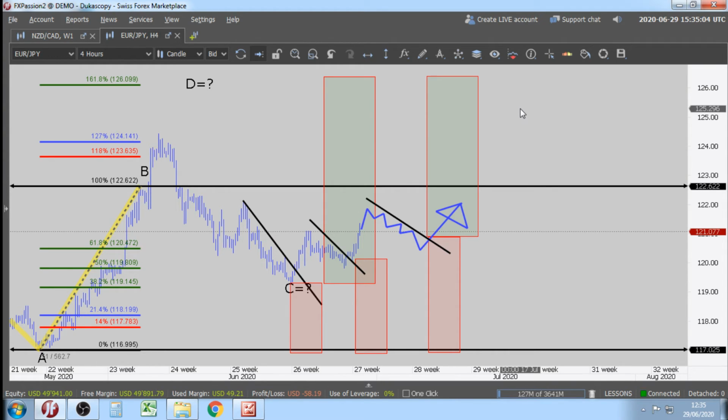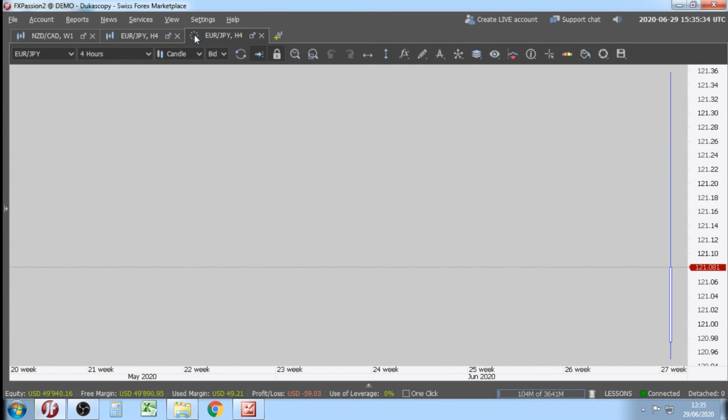Okay, everyone, is this clear? Any questions about the Euro JPY 4-hour chart? No questions. Okay, great. And we are going to do the same on the 1-hour chart.